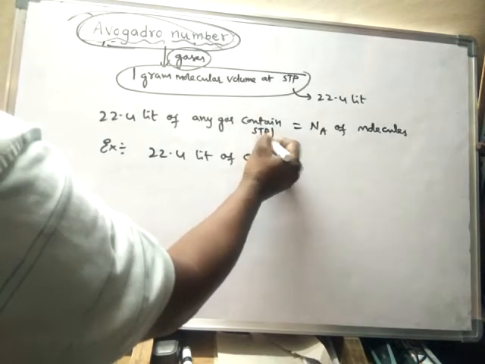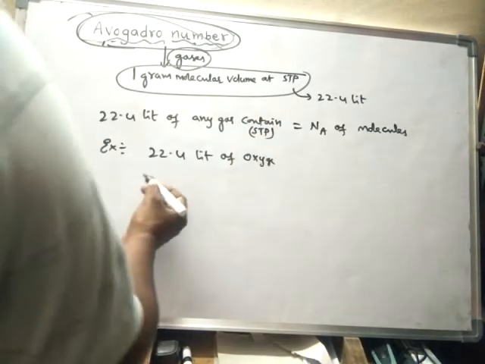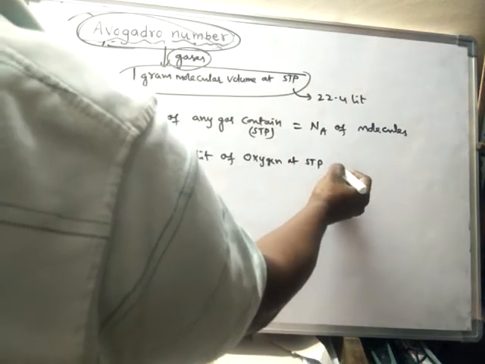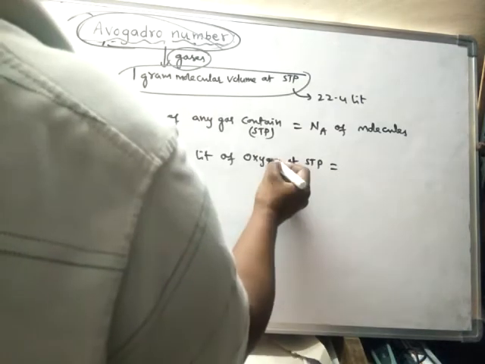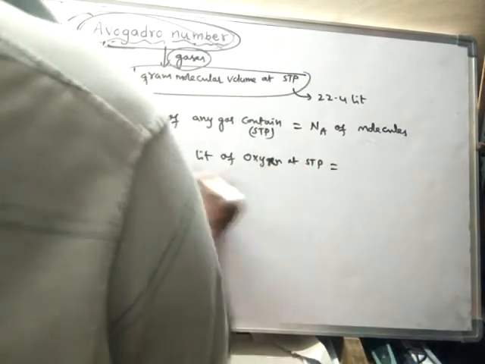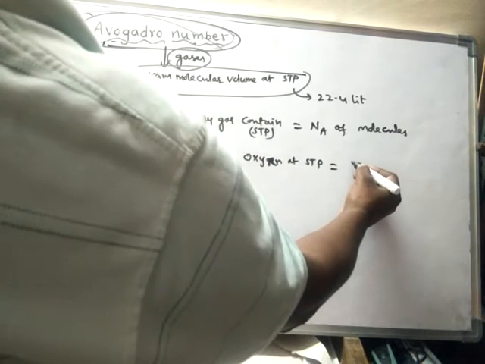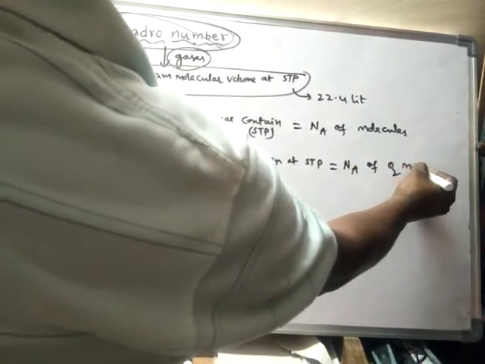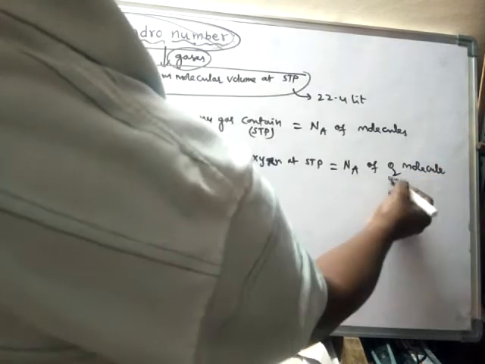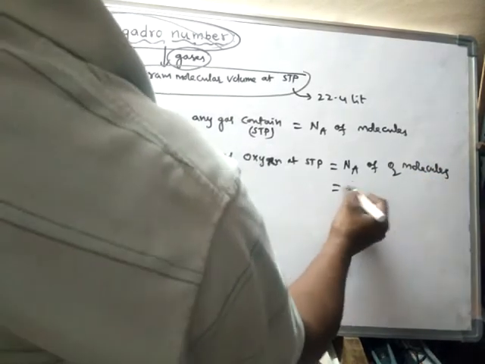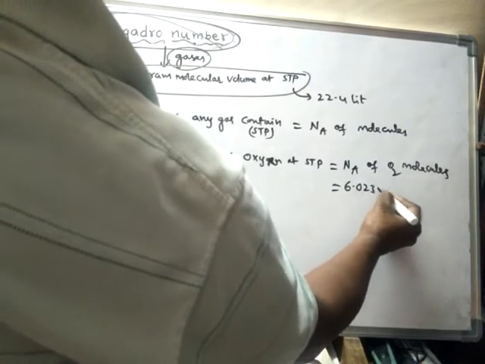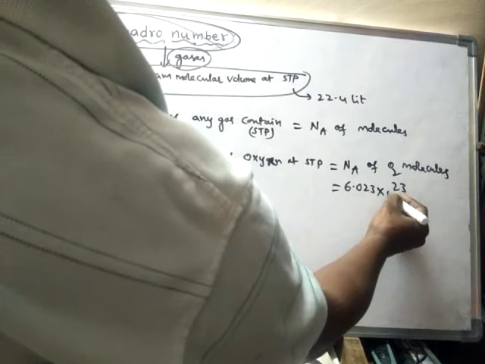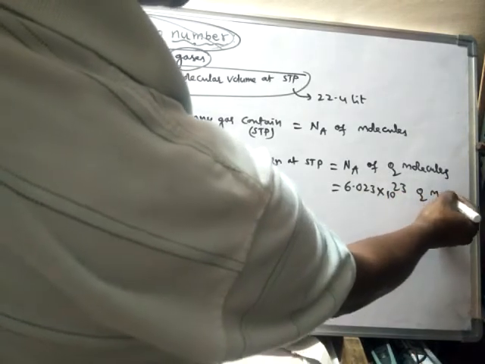These conditions are important. 22.4 liters of oxygen at STP contains how many oxygen molecules? Avogadro number of O2 molecules, that means 6.023 into 10 to the power of 23 O2 molecules.